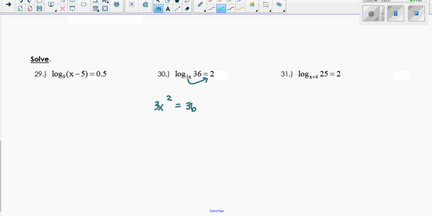And when we say it, it's right, but when we write it, we have to be very specific that we are squaring the entire expression. So it's not 3x squared, it's 3x, that whole expression squared, because I need to distribute that squared to both of those numbers, making this 3 squared, which is 9, x squared equals 36. And then I can solve the problem. Okay, but 9x squared equals 36, not 3x squared.